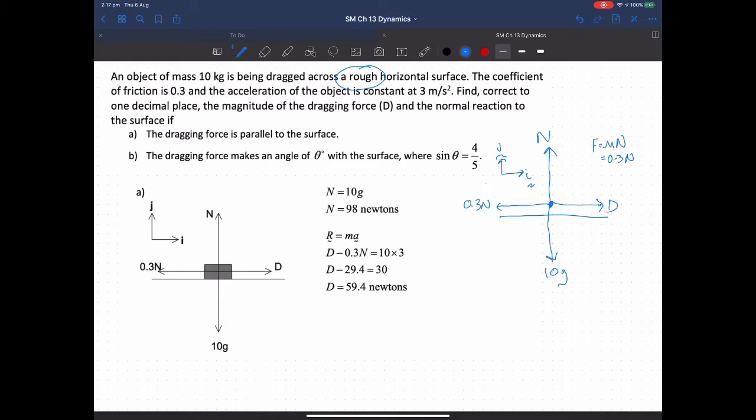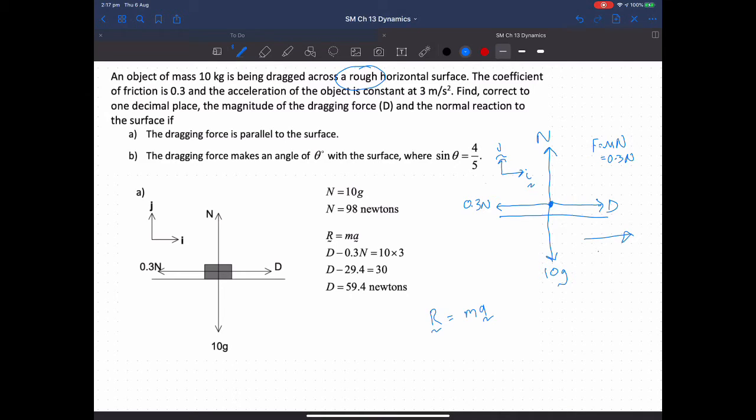That is, we want to find D. We know that if we're going to look at what we have here, we have Newton's second law, R equals mass times acceleration. We know that the acceleration is going to have to be horizontal. It's in the direction of movement.